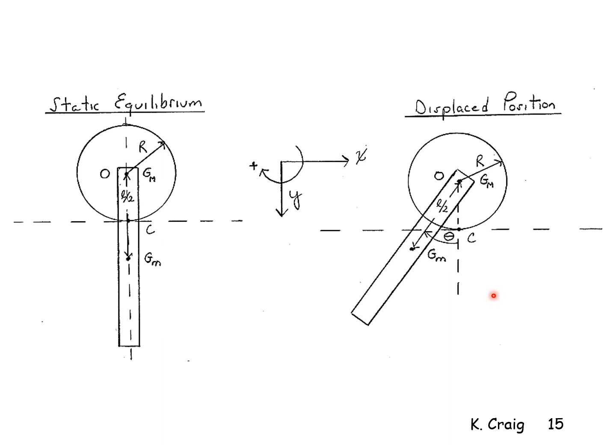My rigid body has been put into a displaced position, and this is what I use for my free body diagram, and as you will see, for the effect diagram. I also identify the point of contact C on both diagrams. That's an important point because that is where I make the assumption of no slip.